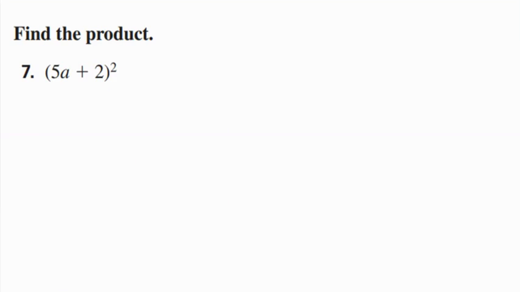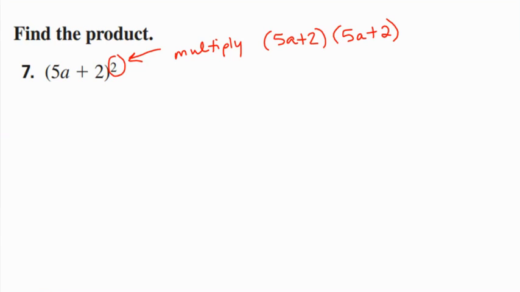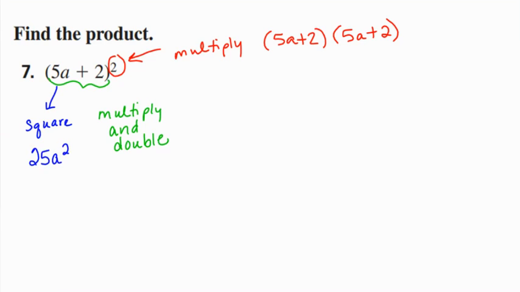Our next example, we have the quantity 5a plus 2 being squared. Okay, so that means that I need to multiply 5a plus 2 times 5a plus 2. If you would like to FOIL this out or use a box to multiply it the long way, that's totally fine. Here's a shortcut. Square the first term, 25a squared.